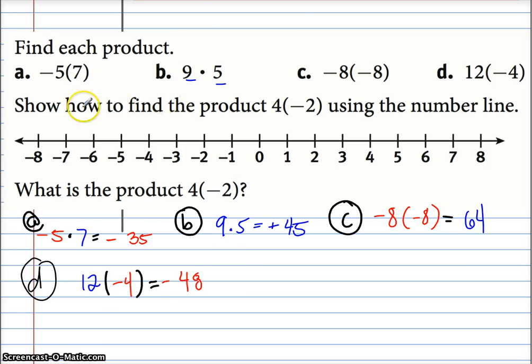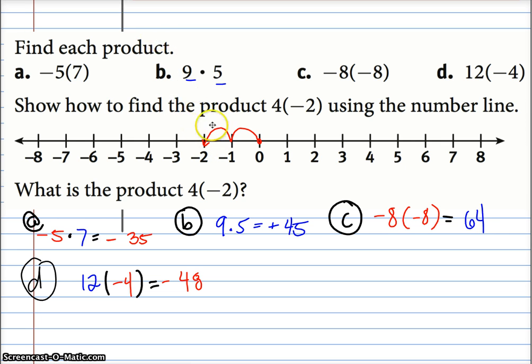Okay. Here on my number line it says show how to find the product of 4 times negative 2 using the number line. Well, here's what negative 2 looks like. Negative 2 is 2 spaces in the negative direction. 1, 2. That is negative 2.